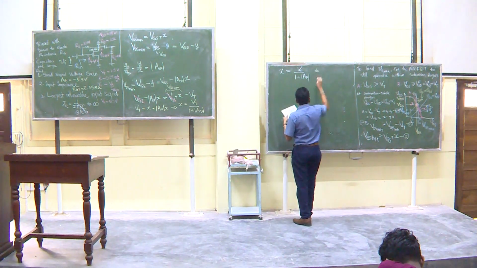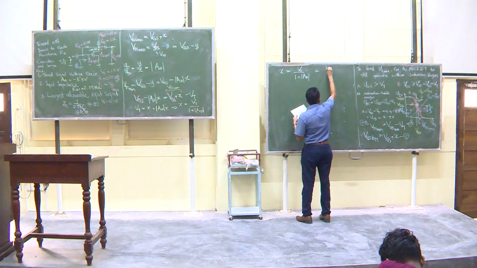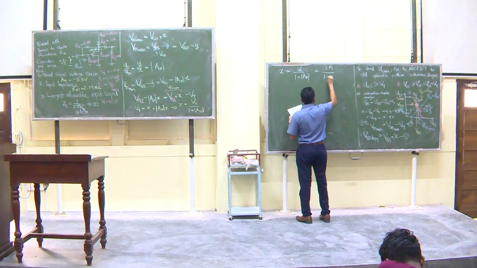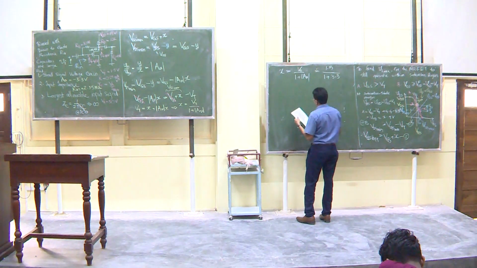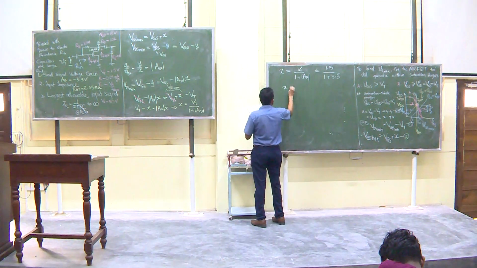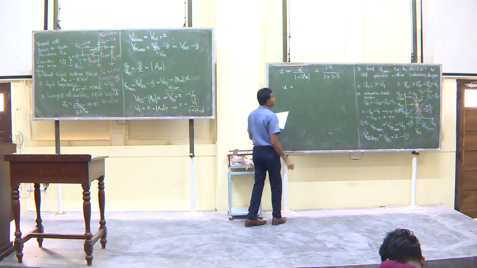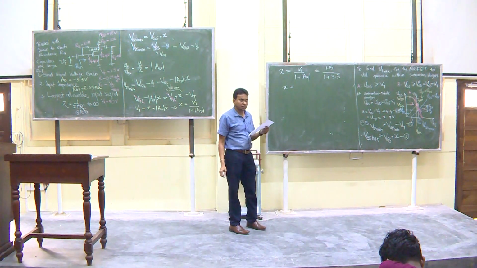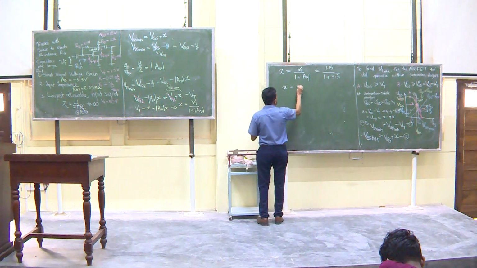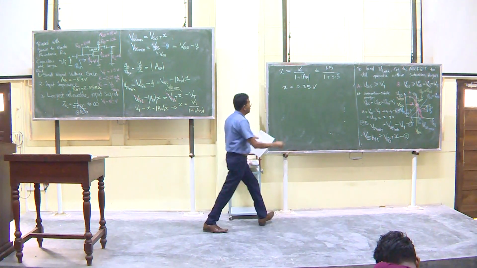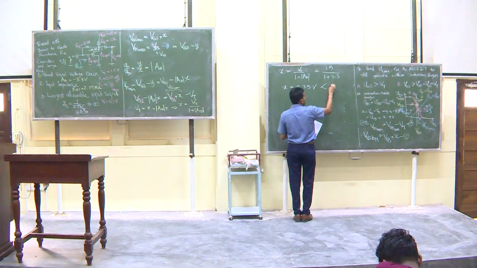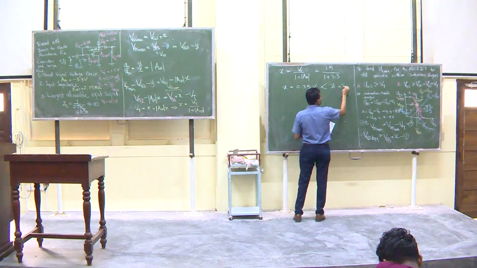We know all these values. VT is 1.5, 1 plus 3.3. So X is equal to 1.5 divided by 4.3. This value comes to be about 0.35 volts. Is less than Z, which is 2.9 volts.